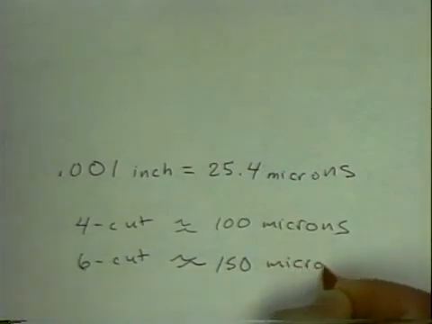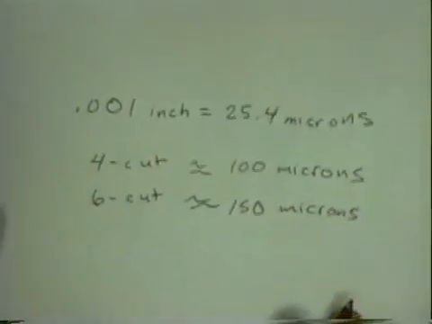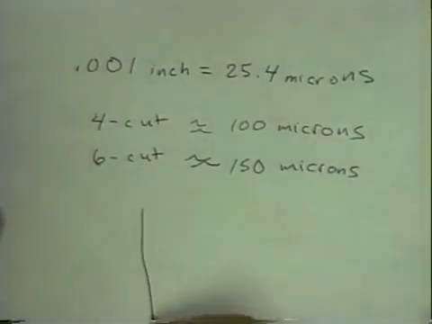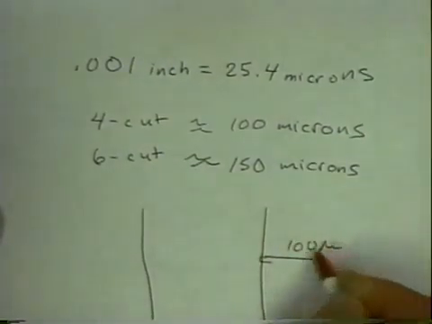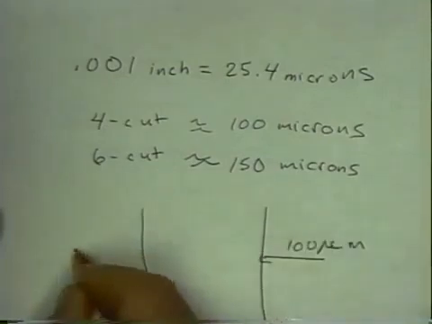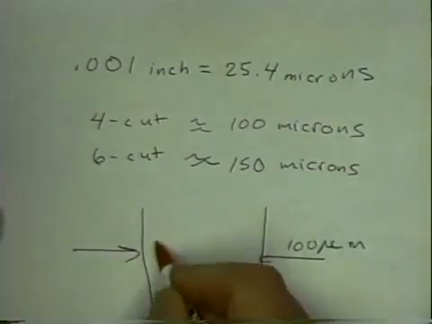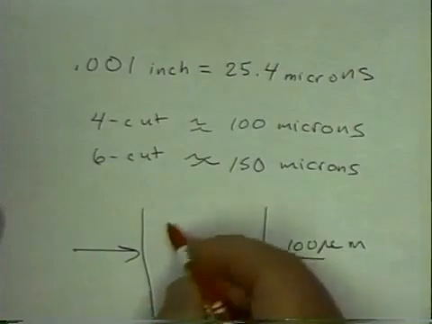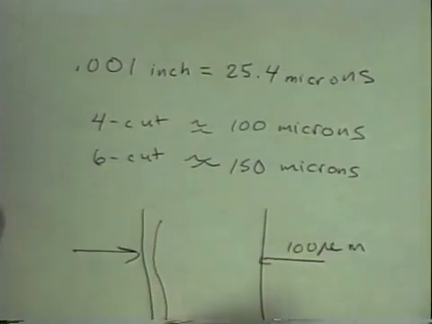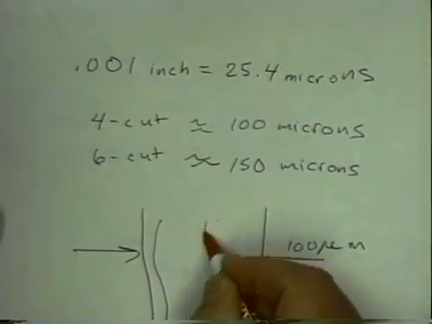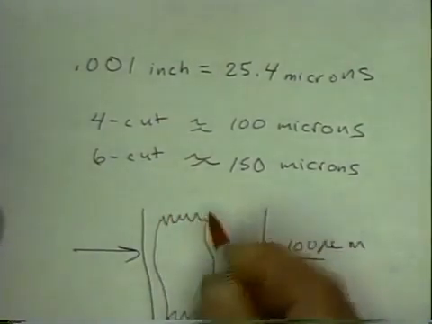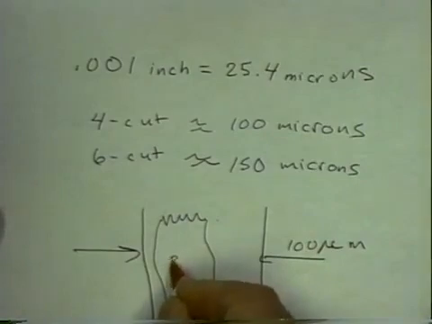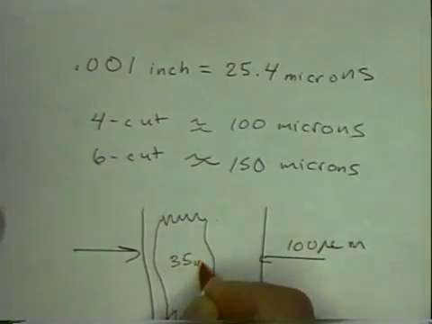So if we think about it, if this is 100 micrometers, and we have a softwood fiber, and I'll just draw a part of it, a softwood fiber is about, let's say 35 microns.